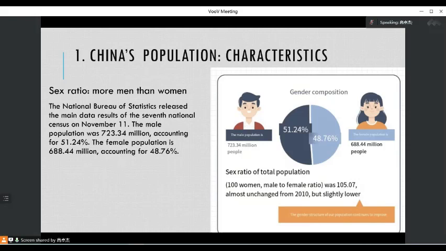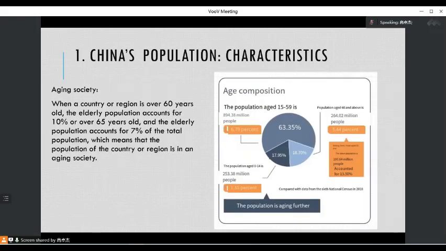Let's look at another feature of China's population, aging.